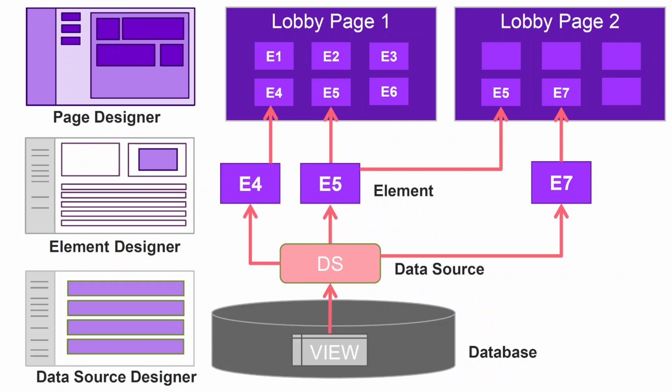Then on top of our data source, we create various elements which get their data from the data source, and then we add those elements to a lobby page. These are the foundational elements that you must be aware of, and this is what we will be doing in this video. So without further ado, let me jump into the system.